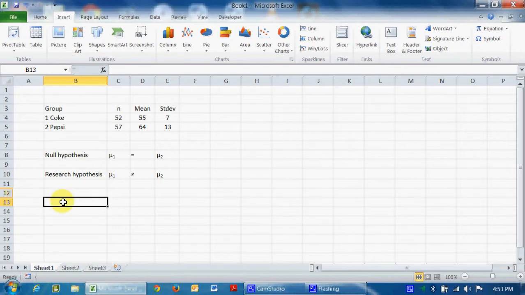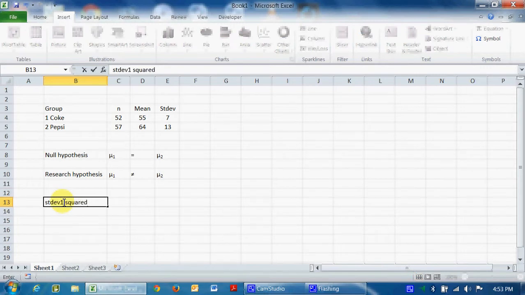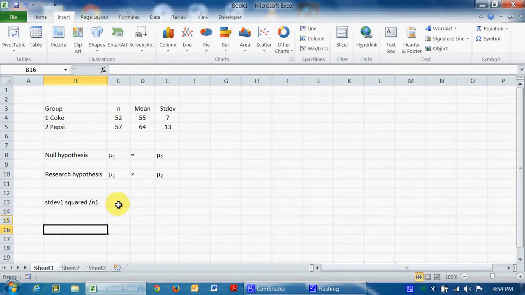We're going to skip a couple lines as per the sample, and we're going to go standard dev 1 squared over n1, and then we'll do the formula in just a second where we're supposed to do it. But I'm going to go ahead and just copy all of these formulas and everything you see there from page 94.